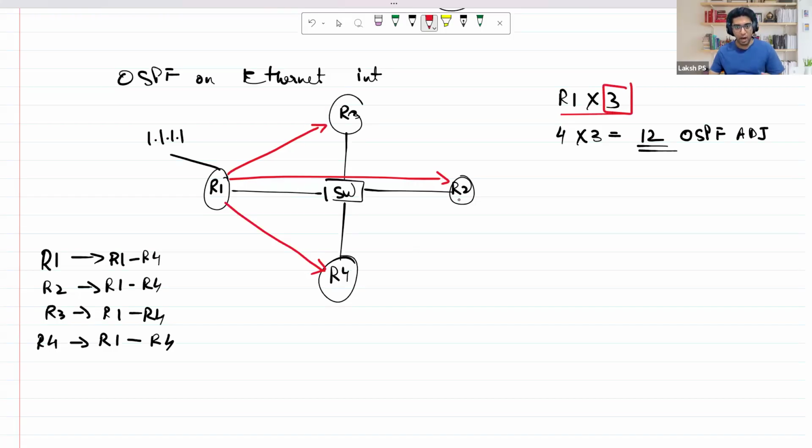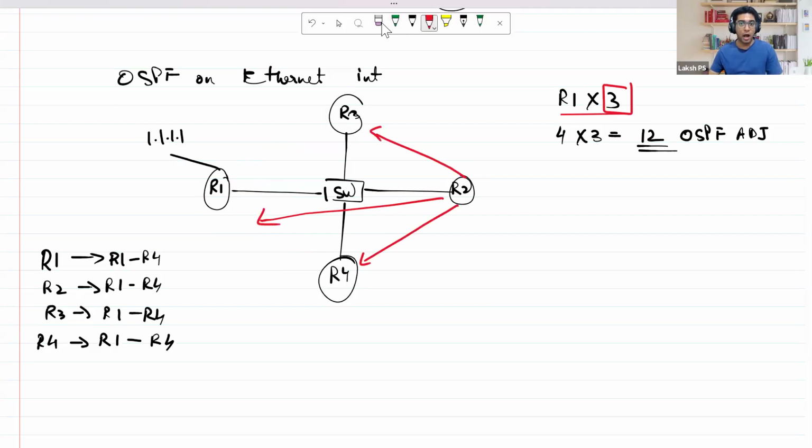So every time R2 receives this information from R1, R2 is going to share that information again with R3, R4, and R1. R3, upon receiving this information, will again share that information with all the routers. So what is happening? You have the same information.